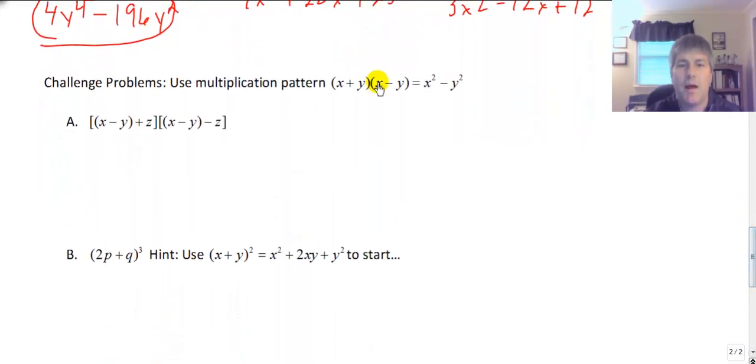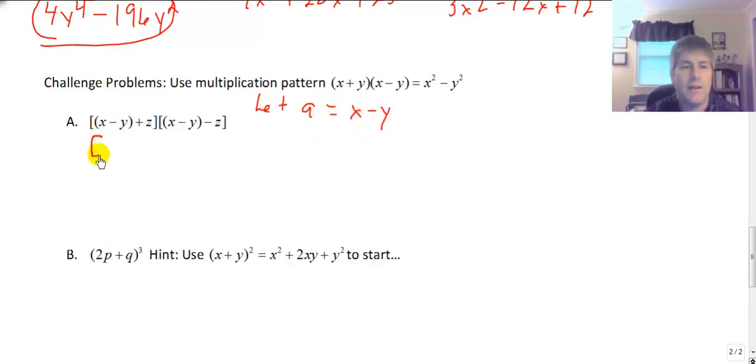A couple of challenge problems. Remember that x plus y times x minus y is x squared minus y squared. And we have x minus y plus z times x minus y minus z. Well, let me show you a quick hint on this. Let a equal x minus y.